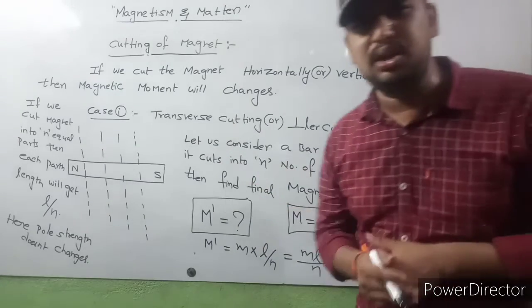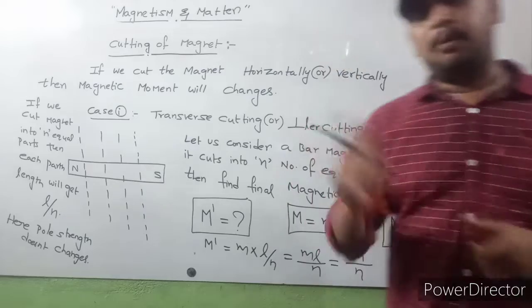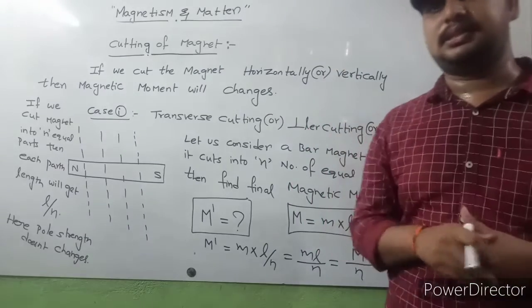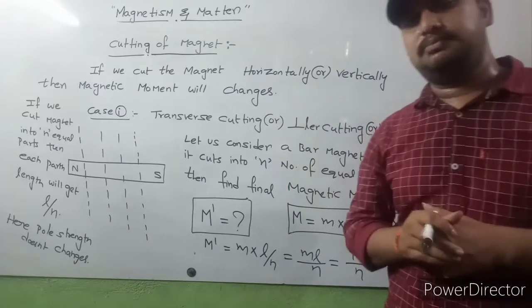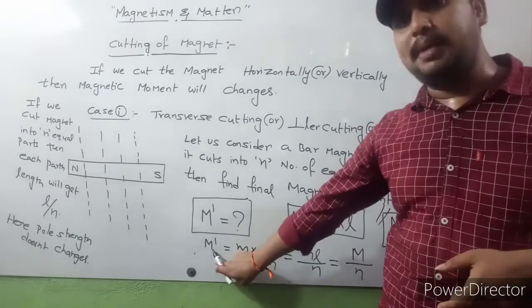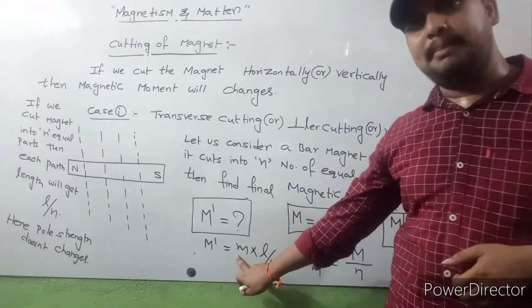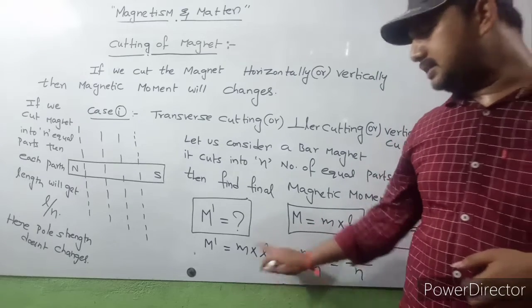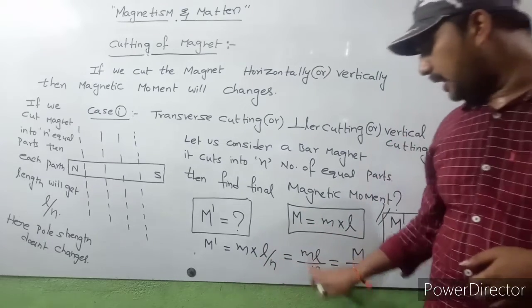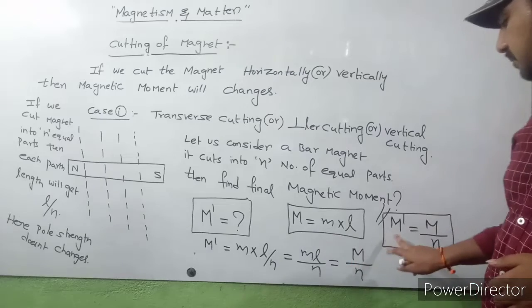Pole strength does not change, that will be m only. Then the final magnetic moment M dash is equal to small m into length L by n, then we'll get mL by n. mL is nothing but the initial magnetic moment.